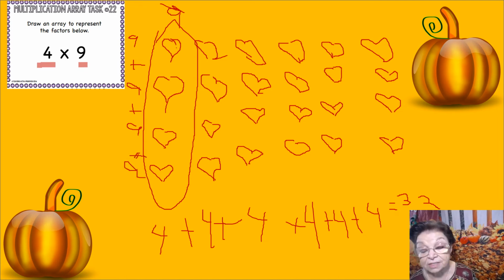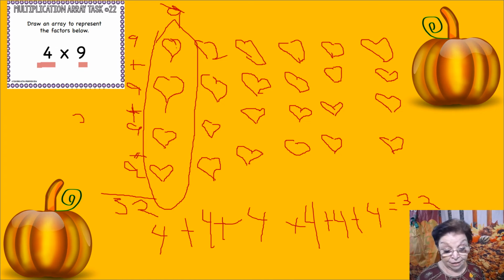You're going to come up with the same answer. There's 9 plus 9 is 18, plus 9 more is 27, plus 9 more is, here, I'm going to put the line down here, 32. So that you could add up all the rows or add up all the columns.